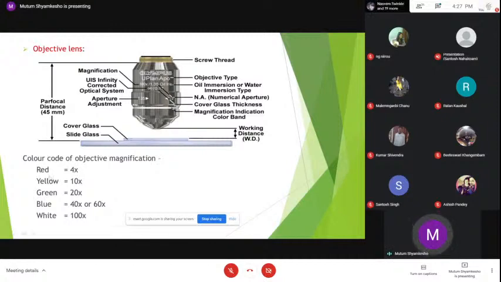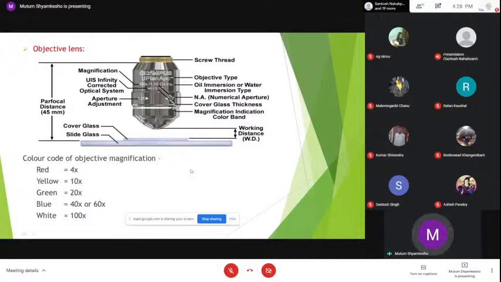When the color is yellow, it is 10x, and when the color is green, it is 20x, and when the color is blue, then it is 40x or 60x, and when the color is white, the magnifying power of this objective is 100.